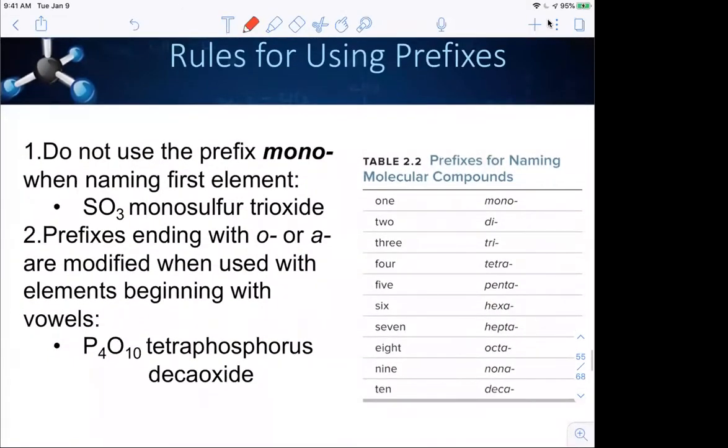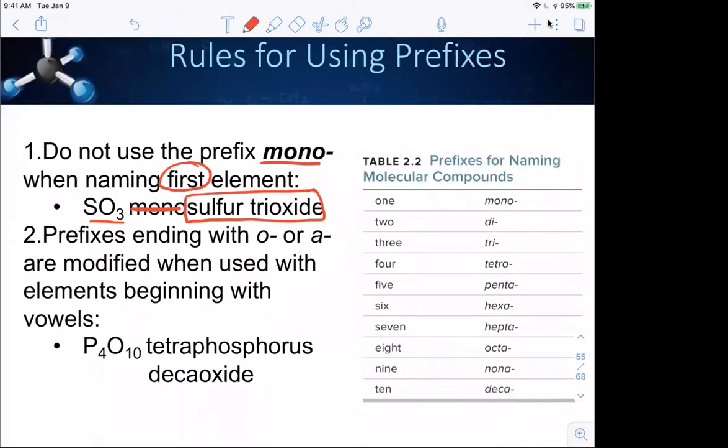So here are the rules. Do not use the prefix mono when naming the first element. So this would be monosulfur trioxide if I used the prefixes, but I'm not going to do that. So basically this is going to be called sulfur trioxide.